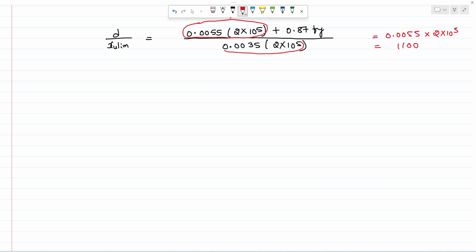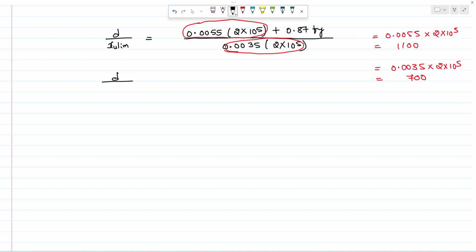Next, simplify these two terms. So it is 0.0035 multiplied by 2 into 10 power 5. So it is 700.